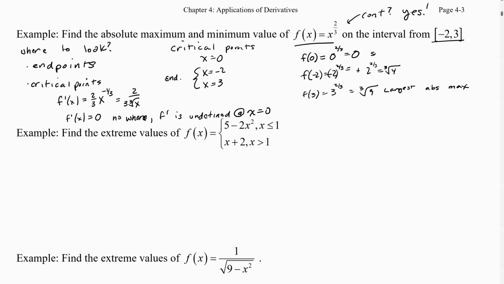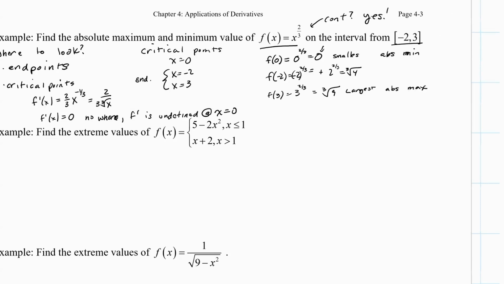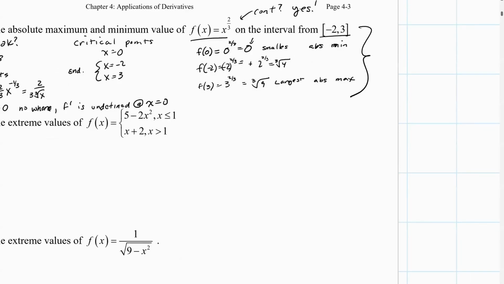This is the smallest, so this must be the absolute min, meaning that 0 is the smallest value that function produces on that interval. And by the way, this whole thing is called the closed interval method.